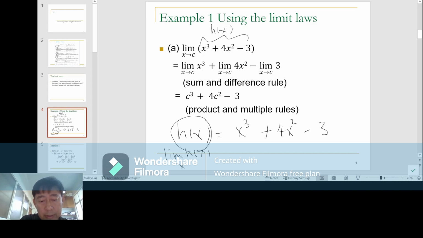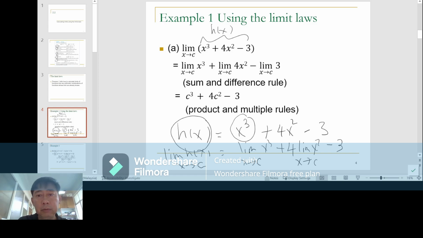And let me write down what it says. So you let h(x) stand with c. The limit of h(x) at c is just equal to the limit of this function when x tends to c, plus 4 times the limit of the function x squared when x tends towards c, minus 3.